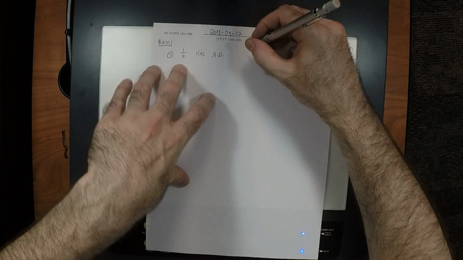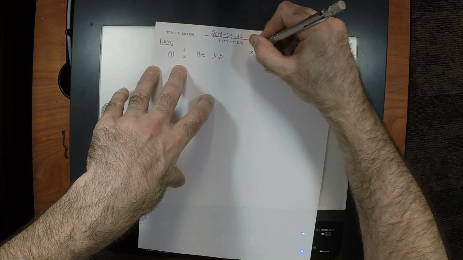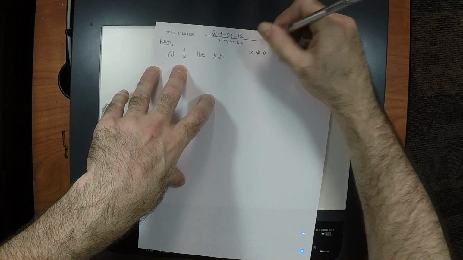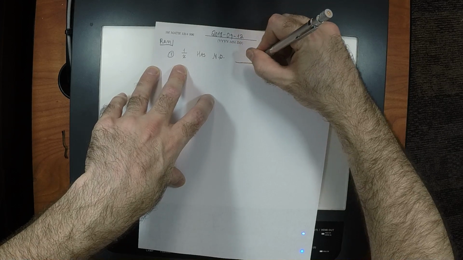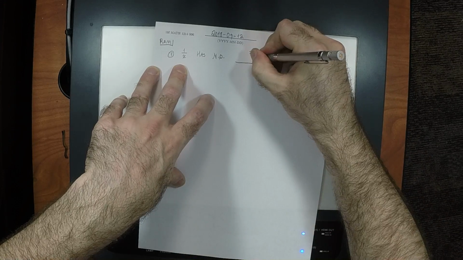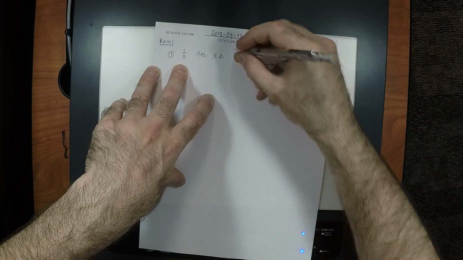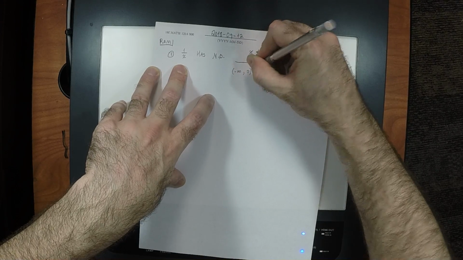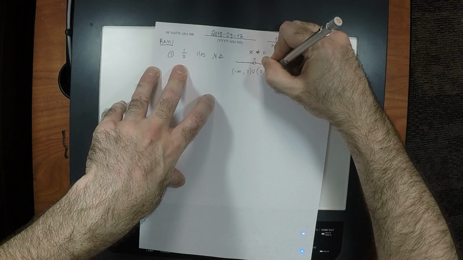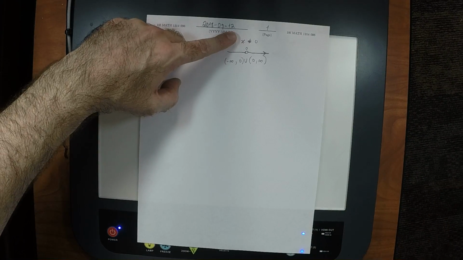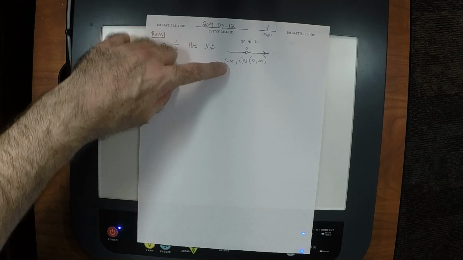Okay, so writing that with equations, you could say it like this: x not equal to 0. Drawing it as a number line, you could do it like this. Drawing it in interval notation like this. Okay, so all 3 of those are the same.